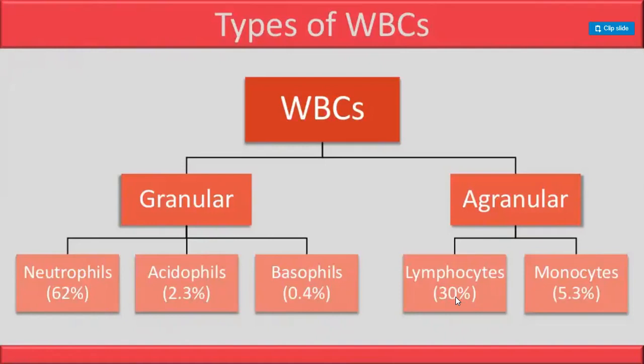The T lymphocytes are further divided into helper T cells, suppressor T cells, and the killer or cytotoxic T cells.